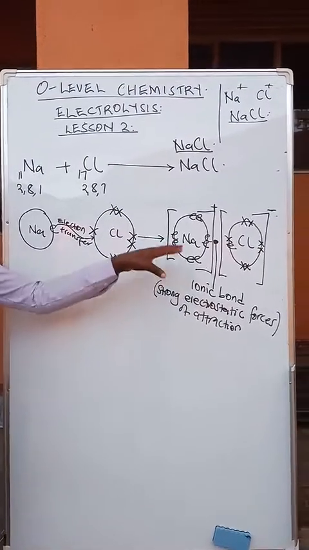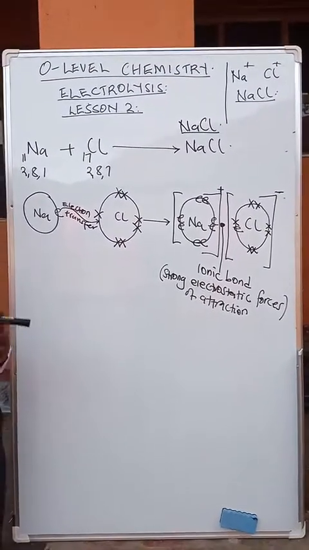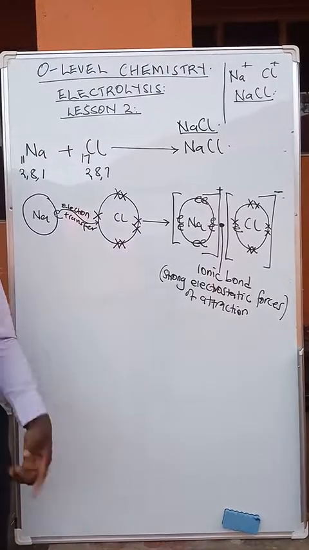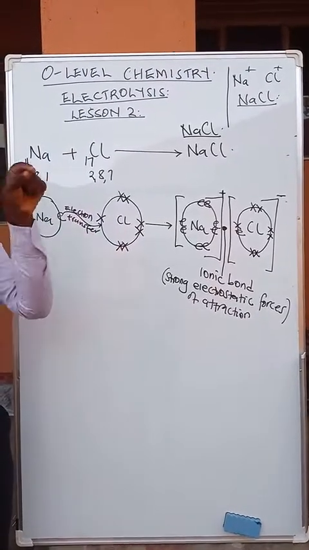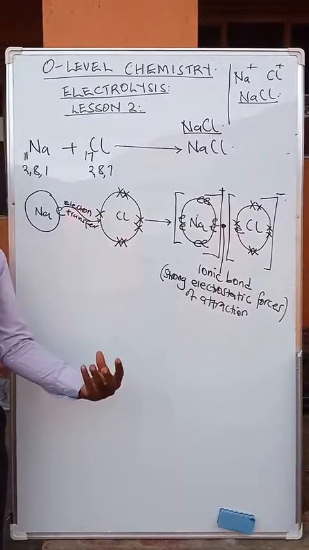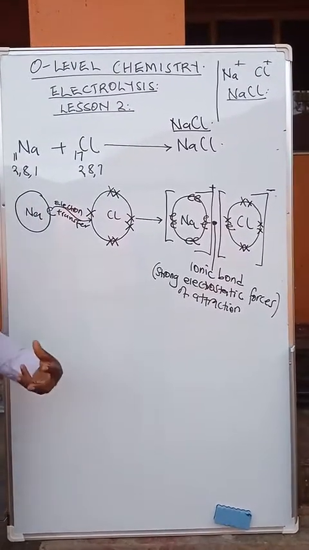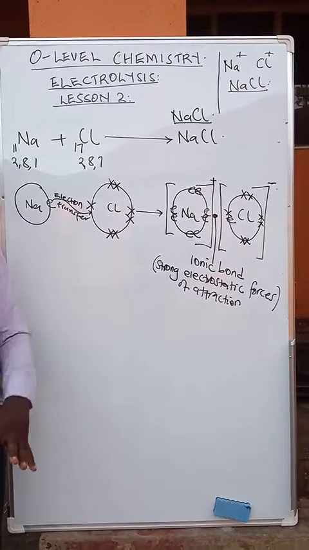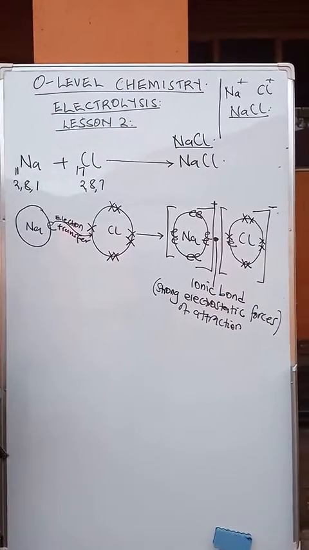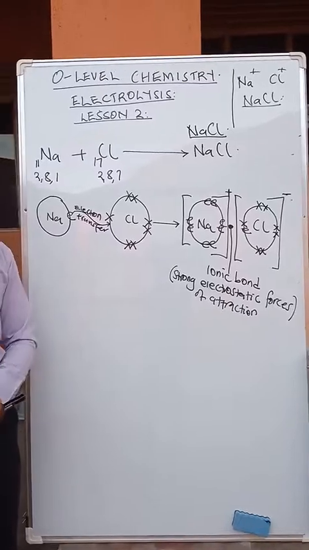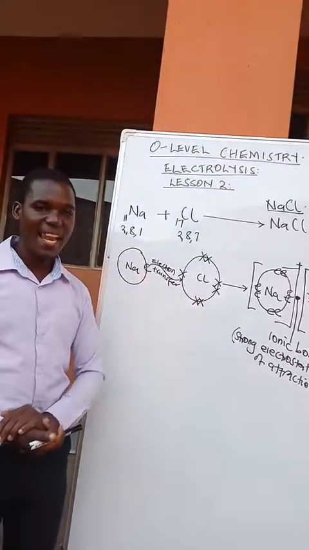Then we shall continue to see why solid ionic compounds do not conduct electricity, yet ionic compounds dissolved in water forming aqueous solutions, or molten ionic compounds, conduct electricity and why they are called electrolytes.